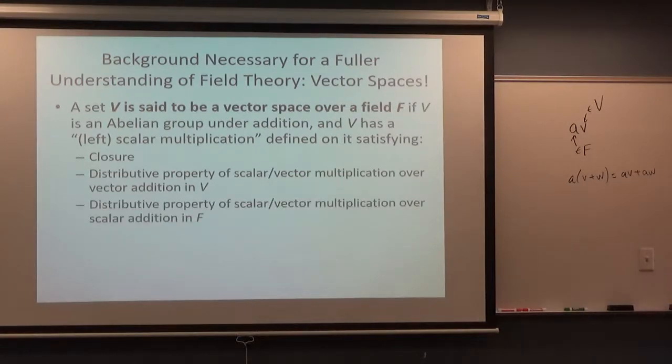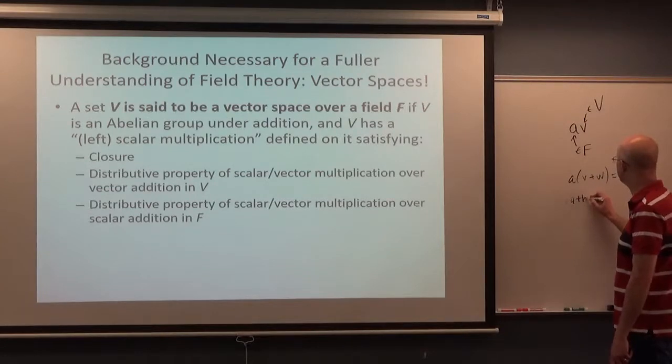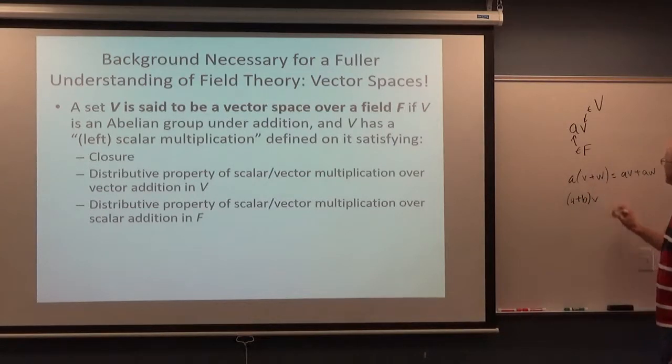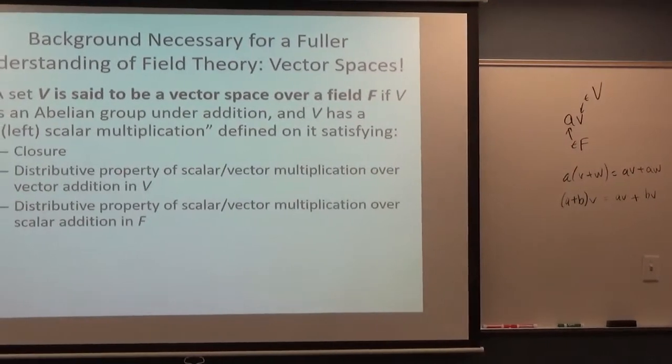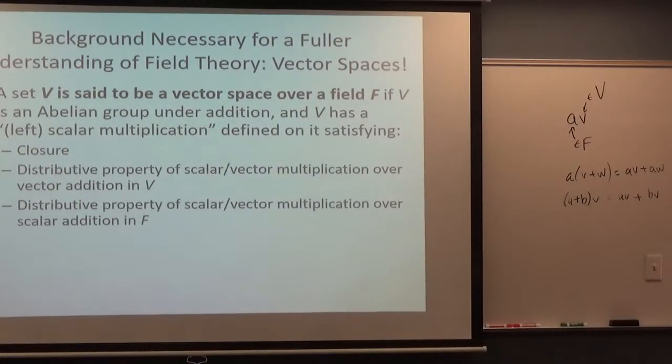But then there's also a distributive property of scalar slash vector multiplication over scalar addition. You've got two scalars, a and b, that are being added before you multiply by the vector v. You could multiply the vector by the scalars first and then add the results. These are two distinct properties. They are both a kind of distributive property, though they're not exactly the same.